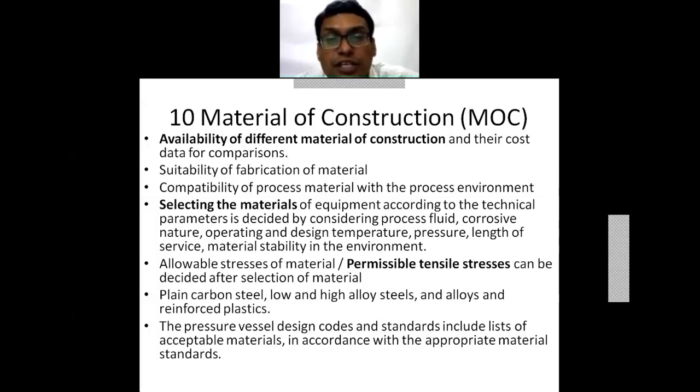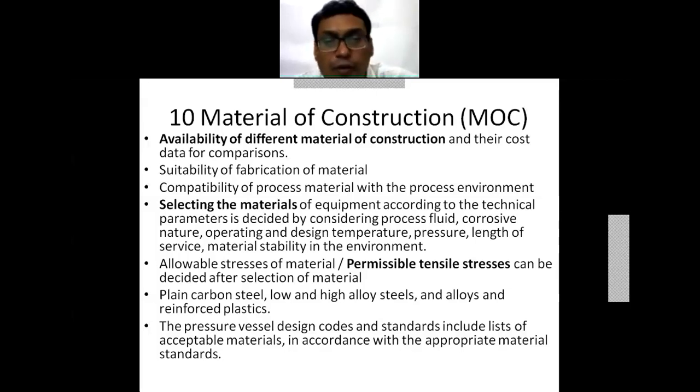So select the material of the equipment according to the technical parameters decided by the process engineer, by considering the process fluid, corrosive nature, the operating and the design temperatures, the pressure, length of service, material stability in the environment. All these parameters have to be taken into consideration.